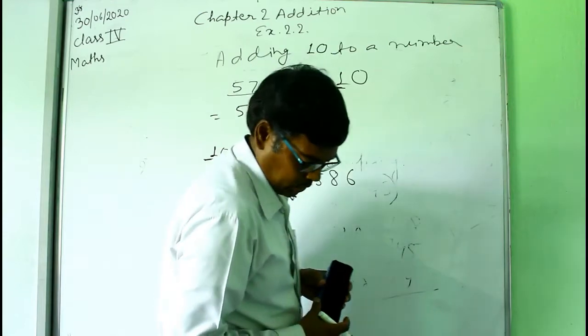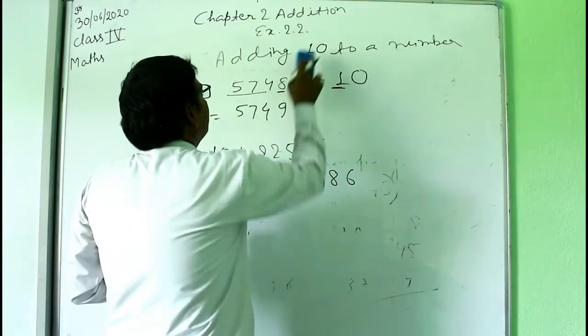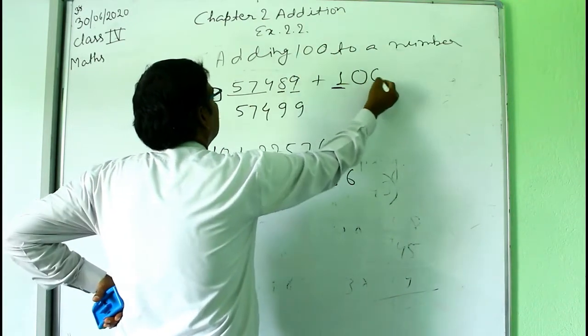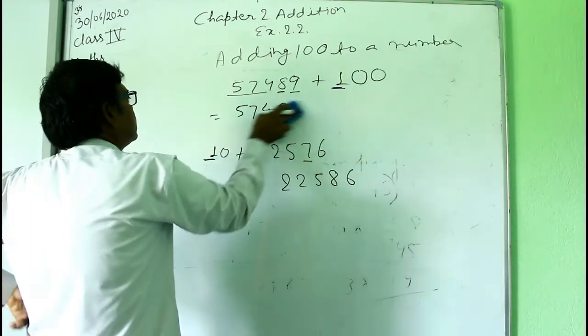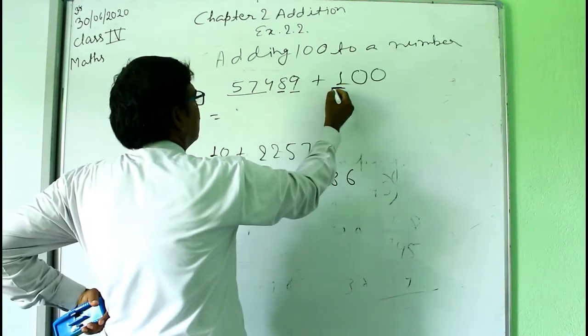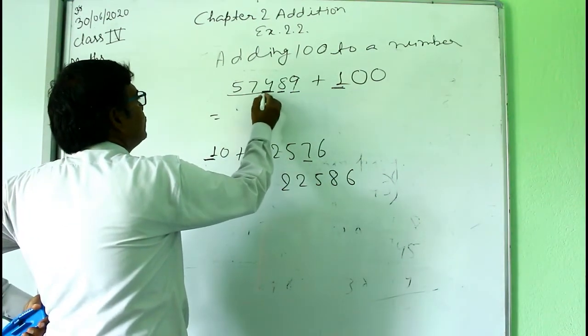So the next is when you add 100 to a number. Suppose 100 to a number, then write 100. Now what is the answer? When you add 100 to a number, see 1 is at the hundreds place and here 4 is at the hundreds place.